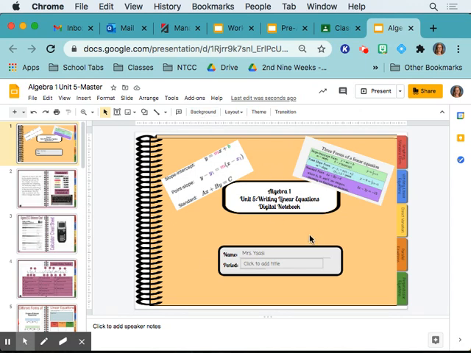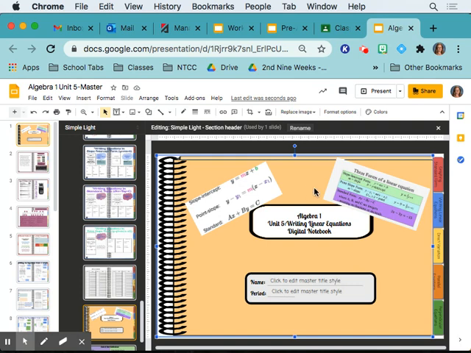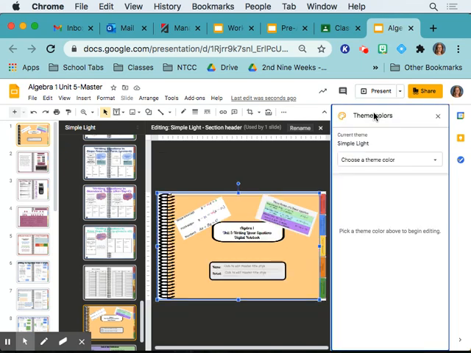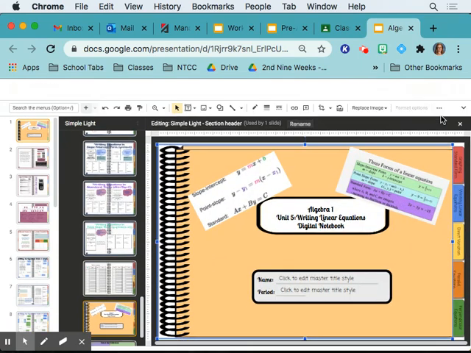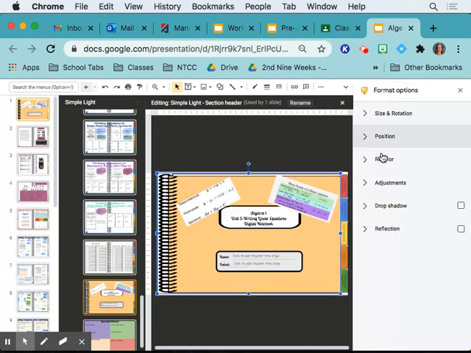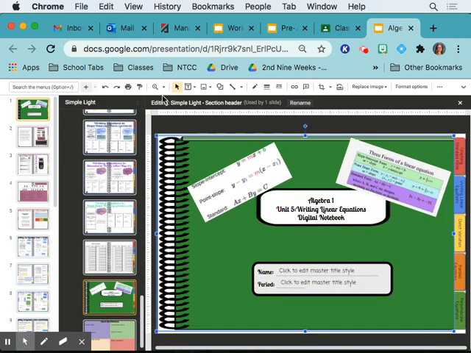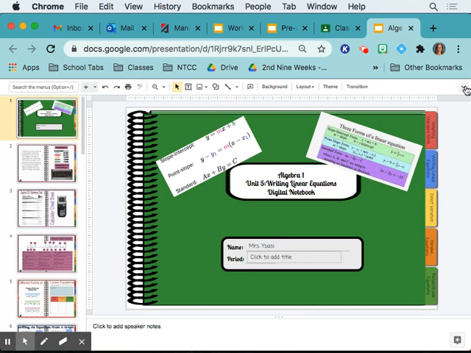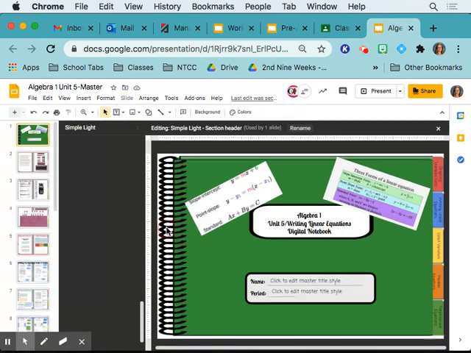And a way to change this color, because I didn't pre-make any backgrounds, you can go to Slide, Edit Master, and then click on this notebook right here. Go to Format Options, and then Recolor. So you can change it to whatever.